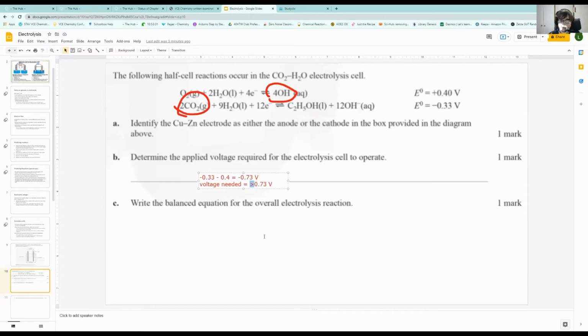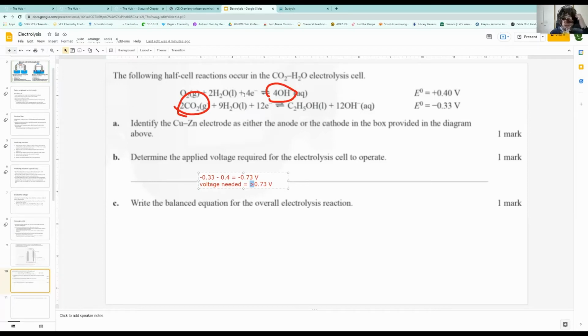One thing to note in terms of calculating the voltage here, you don't need to factor in the number of electrons here. This is not like volts per mole of reaction happened or something like that. Voltage is how much energy, it's basically a measure of how much energy each electron has. Really, it's energy per coulomb, but when we're not mathematically figuring out what a volt is, you can say it's a measure of how much per electron or per group of electrons.